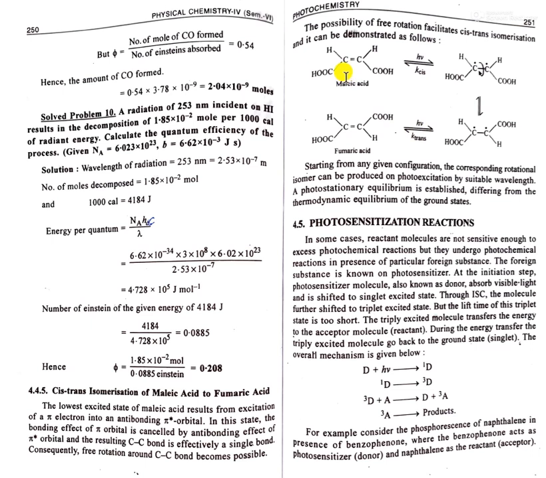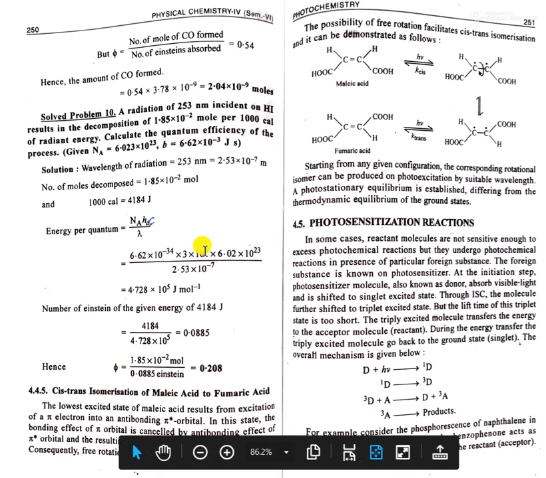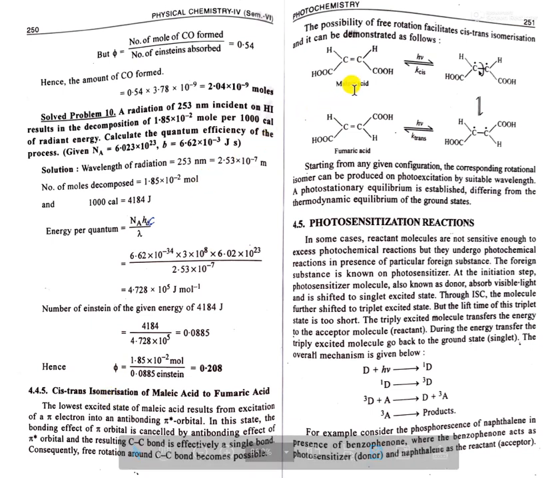So this is the cis-trans isomerization process of malic acid to fumaric acid. The reverse step is also possible, that is, fumaric acid can also be converted to malic acid in a similar way. The lowest excited state of malic acid results from excitation of a pi electron into an anti-bonding pi star orbital.